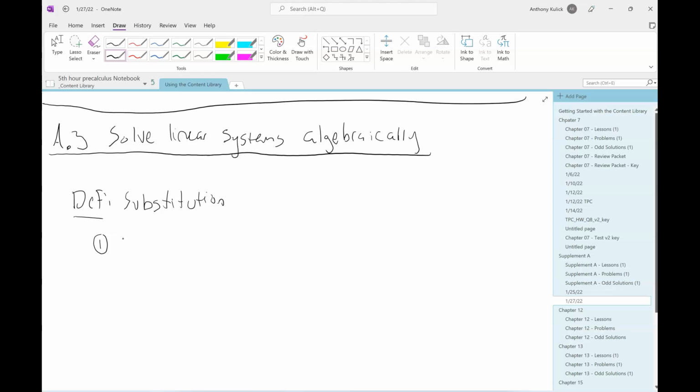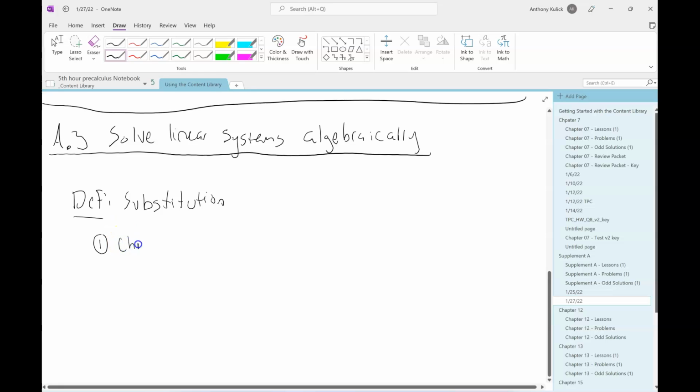So the first thing we're going to do is choose an equation. And then we'll choose a variable in that equation. And we'll solve for that variable, basically get that variable by itself.